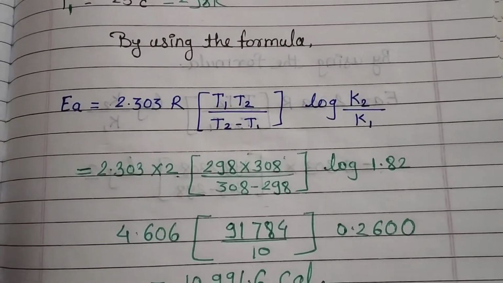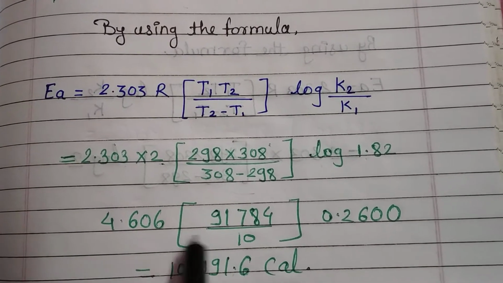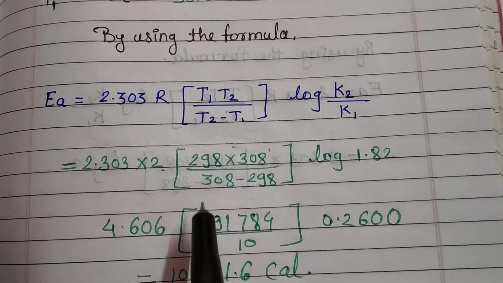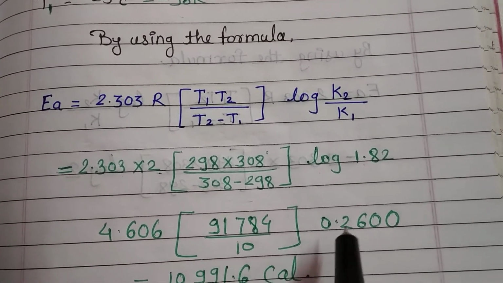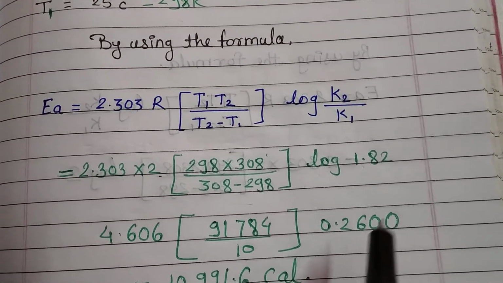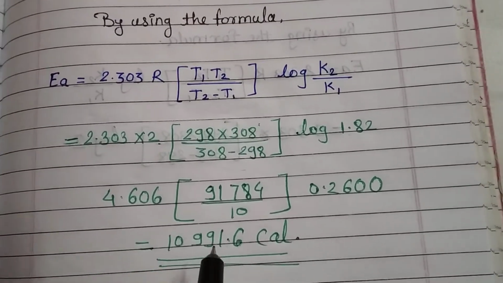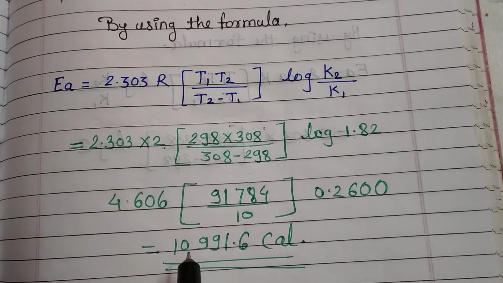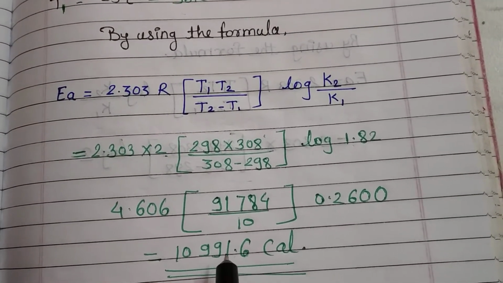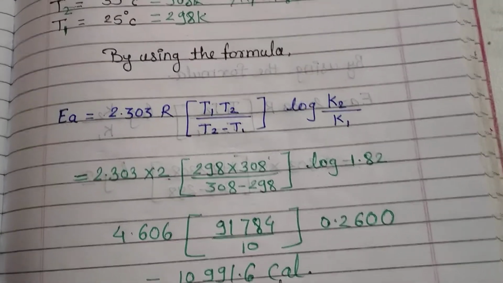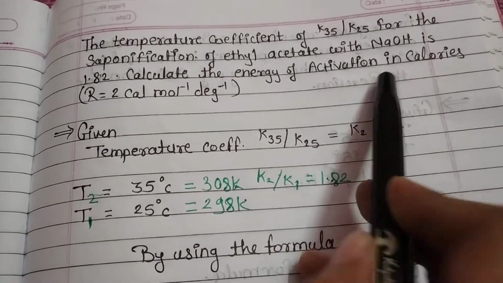So simply we calculate this. 2.303 into 2 is 4.606. 298 into 308 is 91784, divided by 10, and log of 1.82 is 0.2600. When we multiply all the terms we get the final answer, that is 10991.6 calories. Here it is already mentioned to calculate the energy of activation in calories.